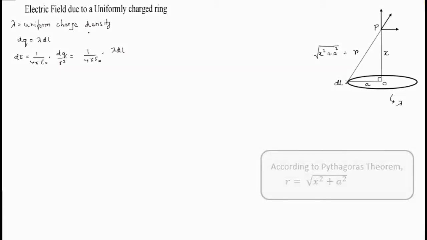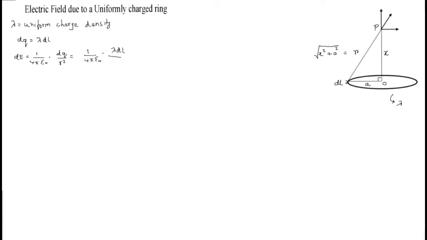So I can write r square as x square plus a square. So this is the electric field at this point P, right?